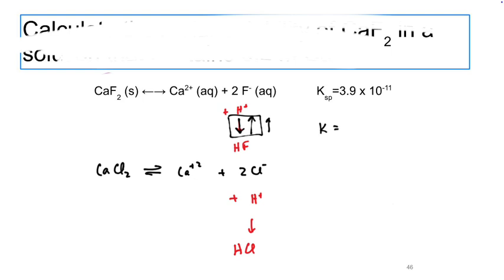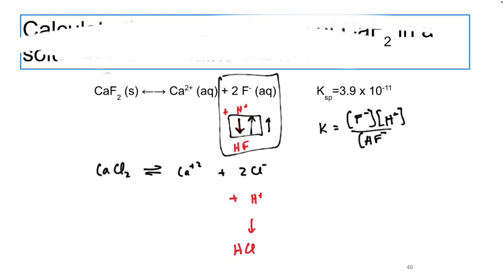That would be the K of our F minus, well, I don't know why I wrote 2 there. Our F minus times our concentration of H plus, because all we're concerned about now is right here, divided by HF. What does that expression look like?